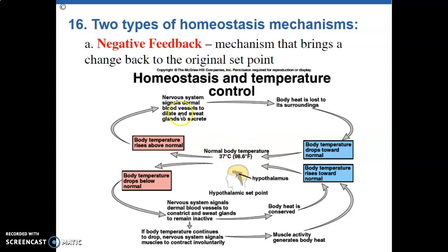Okay, so we have two examples here of negative feedback, both of which have to do with maintaining this set point body temperature of about 98.6 degrees Fahrenheit. So when you think about negative feedback, think, okay, something has taken it away from the set point, and this brings it back to that norm, back to the middle.